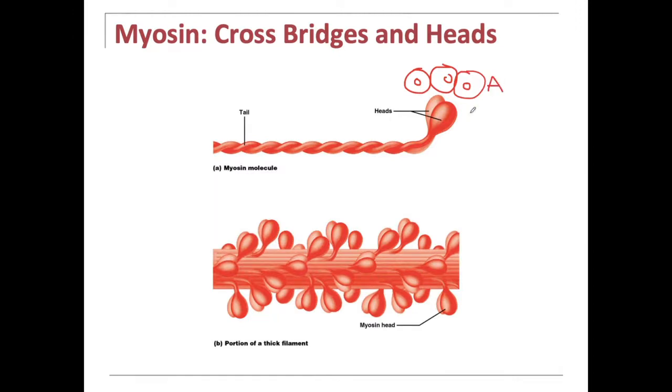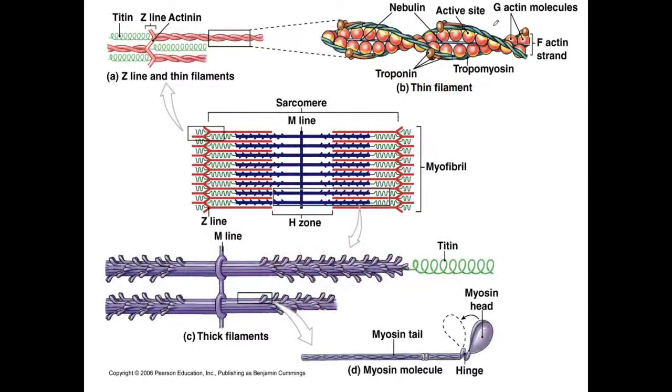So we'll put an A here for actin, and here is myosin, and these are the binding sites. Before, we had that string that was blocking that, and we had troponin that was holding it in place. But calcium came in, removed troponin, so tropomyosin shifted, and the binding sites were exposed. So again, on the top, we have troponin, we have tropomyosin, and we have the active site, which is the same thing as the binding site.